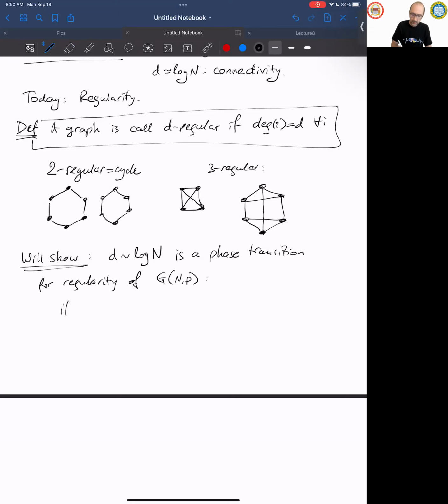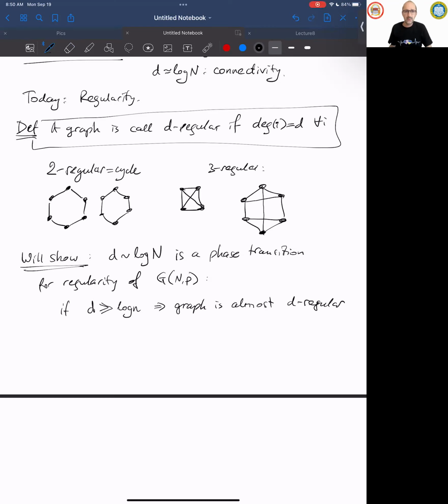So if d is, let's say, greater than log n, it's a sharp transition, but we'll make a weaker statement. If d is greater than log n, then the graph is almost d-regular.